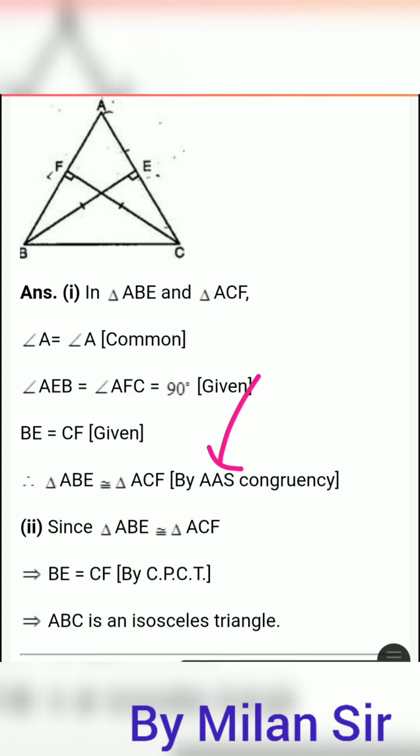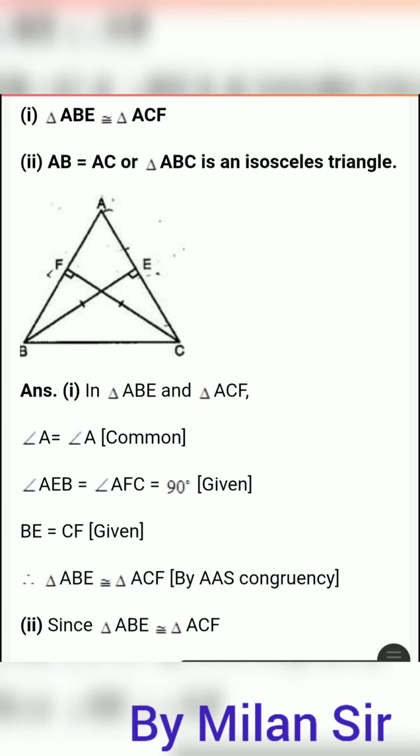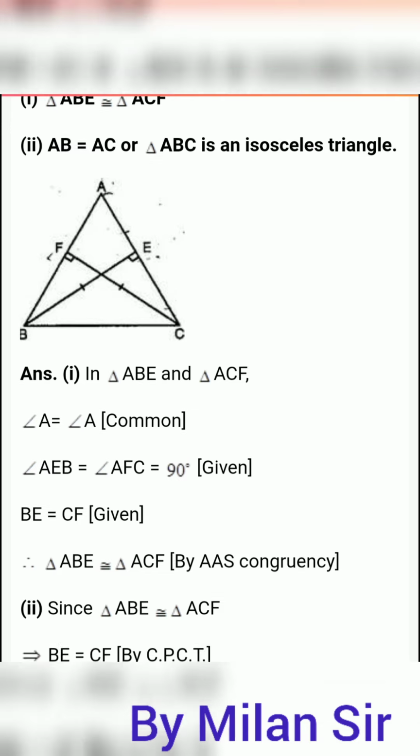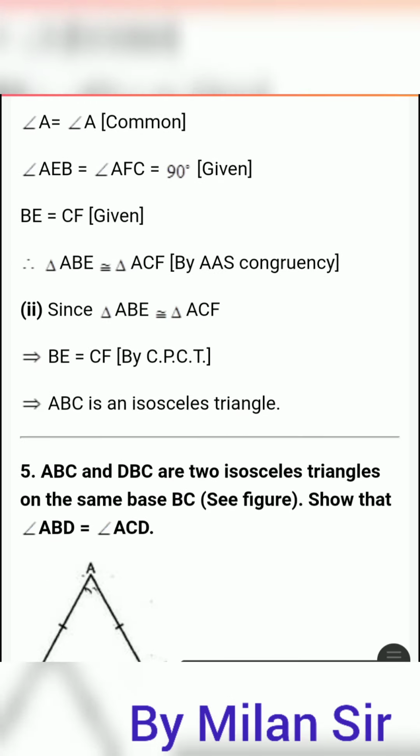Now using this we can prove the second thing, that AB is equal to AC. We can prove it by using the CPCT criteria. AB is in first and second position, and AC is in first and second position, so we can say that AB is equal to AC.